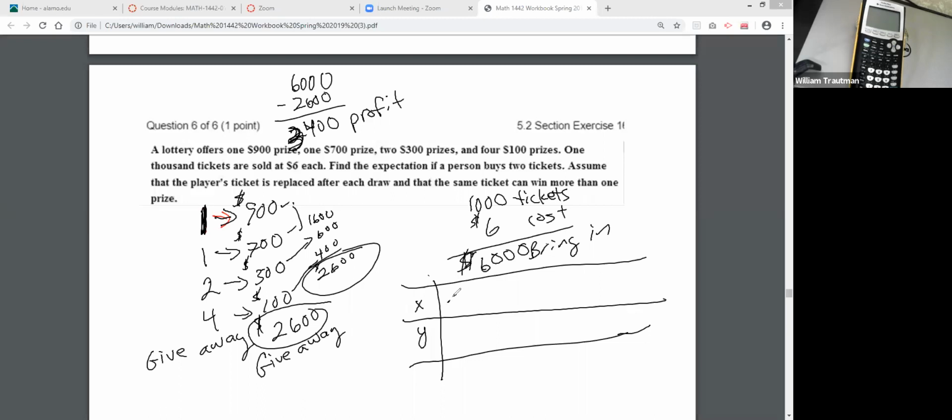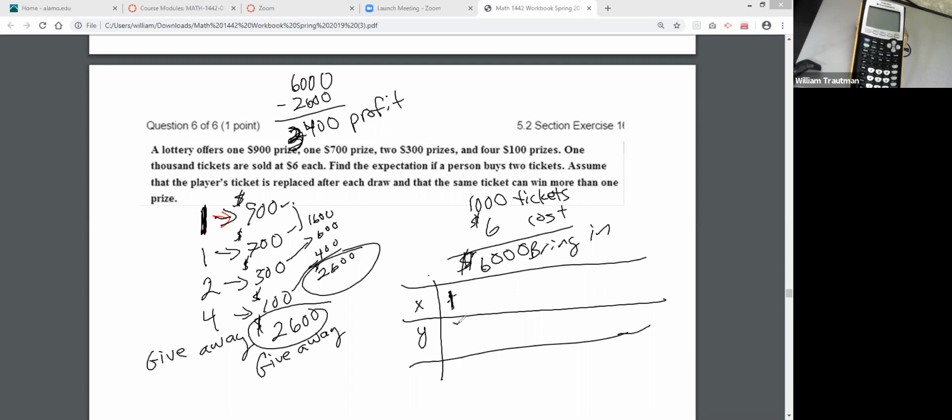We have one winner. By the way, if you're writing this down, don't write down this table that I'm writing right now. I'm going to change it, but I just want to basically show you how we're setting it up.